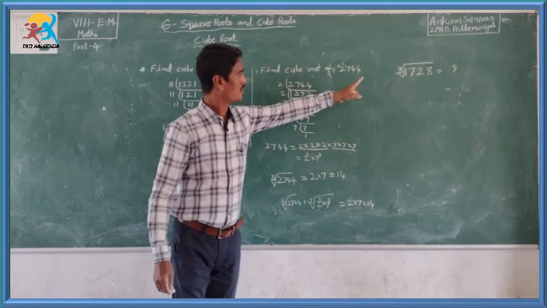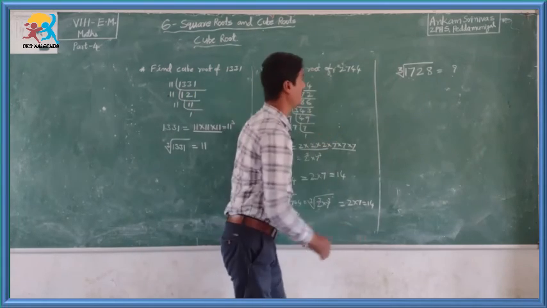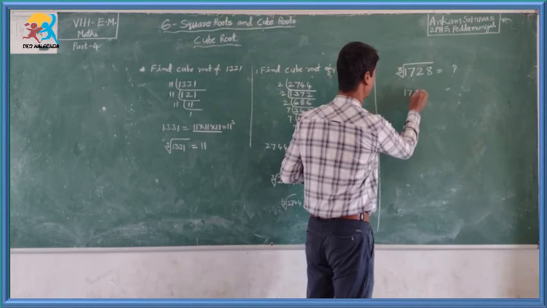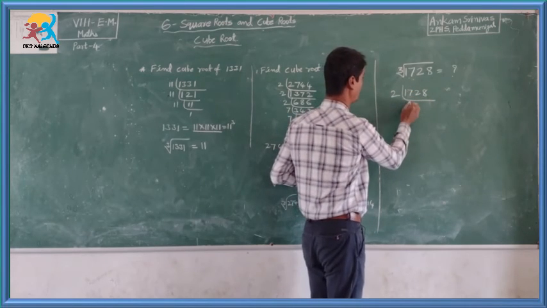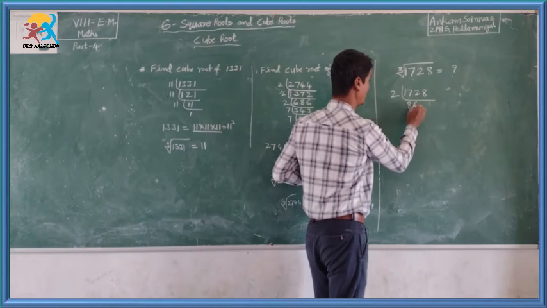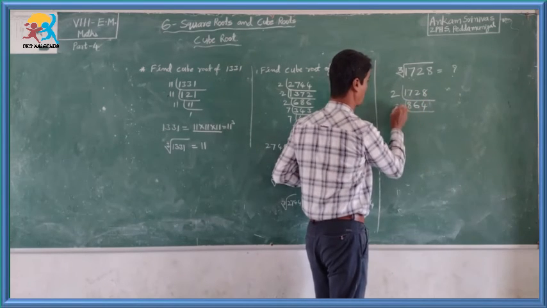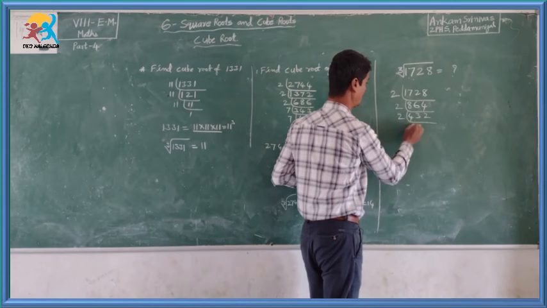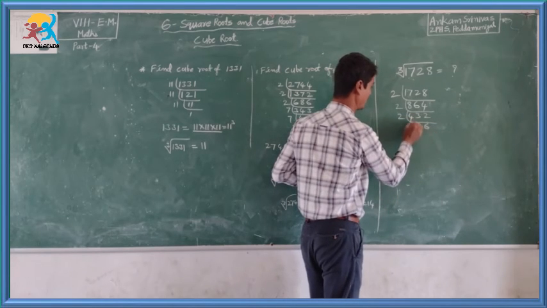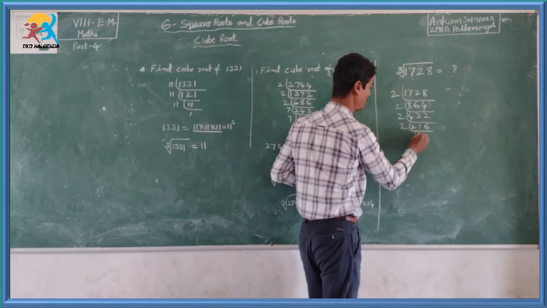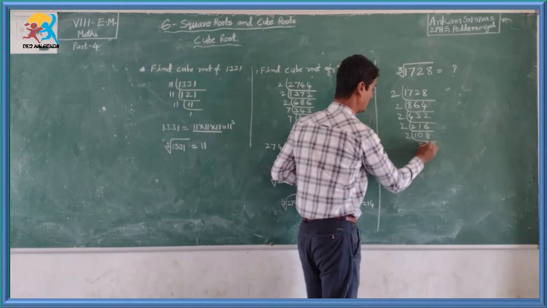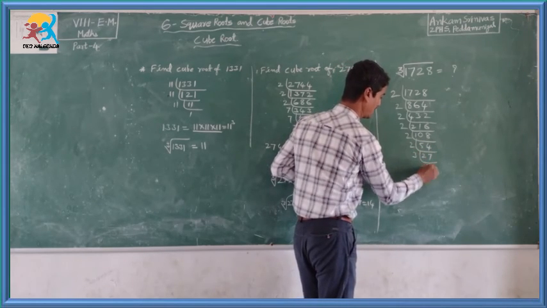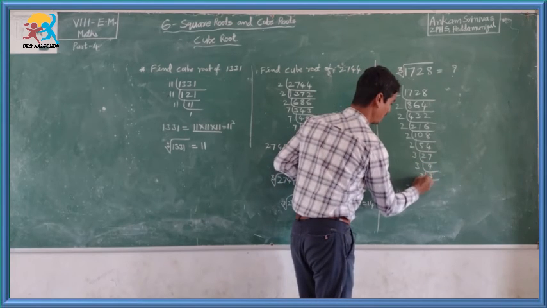Let's check one more problem. Cube root of 1728. 1728, divide by 2 repeatedly, and then by 3.